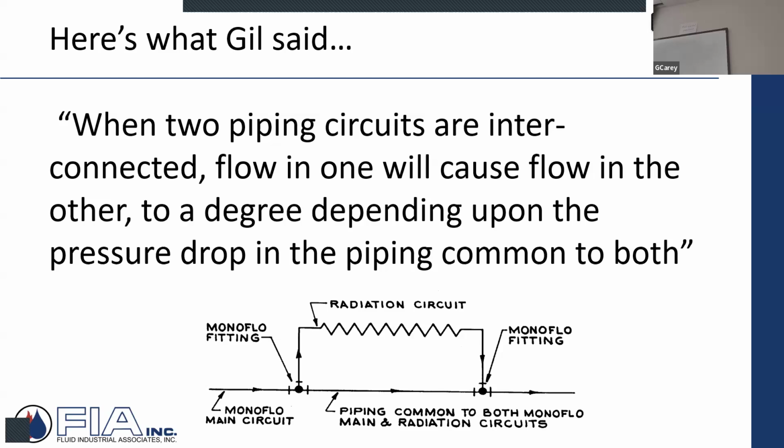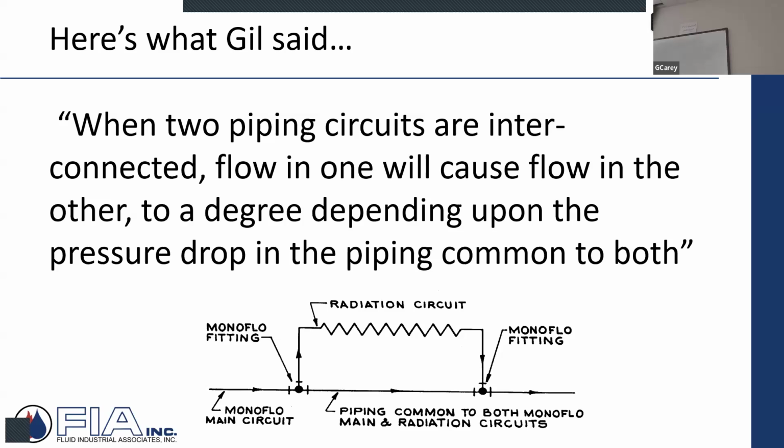And so he starts talking about, he says, look at a real basic statement. And he was very, very smart, very dry. And you read it, you fall asleep. When two piping circuits are interconnected, flow in one will cause flow in the other to a degree, depending upon the pressure drop in the piping common to both. I mean, talk about wordy. At the end of the day: flow in one circuit will cause flow in the other circuit based upon the pressure drop in the piping common to both.